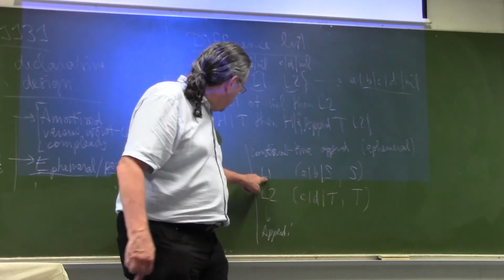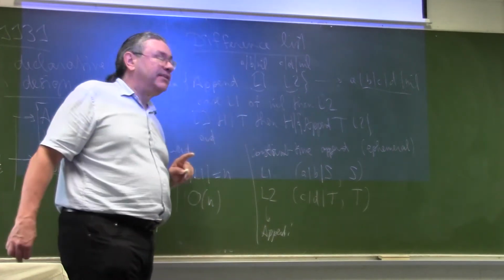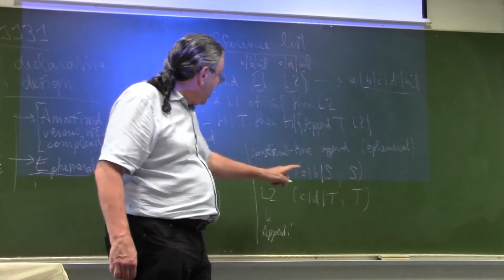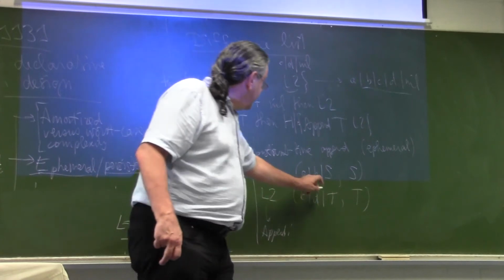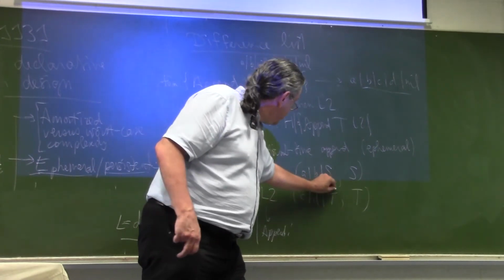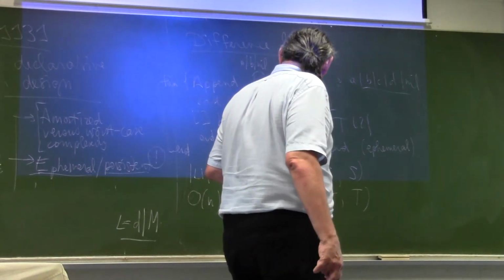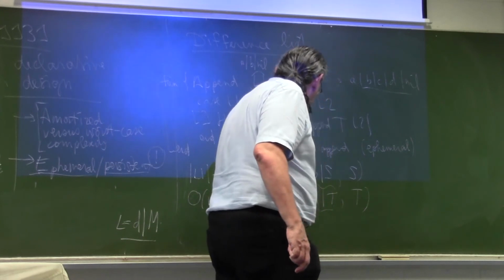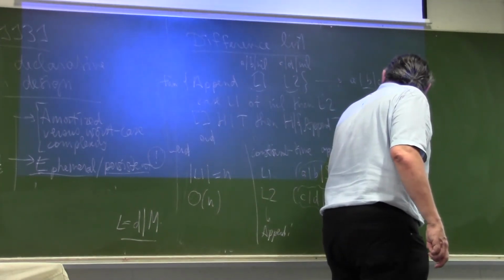Basically, I have to add L2 to the end of L1, and the way I do that is I have to bind S. So S is the end of L1, and this is the beginning of L2. So this is actually a variable. If I represent it, it'll be like this.